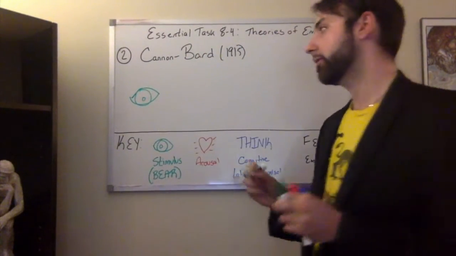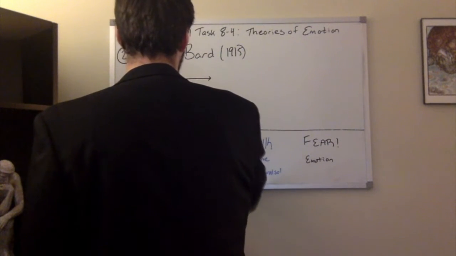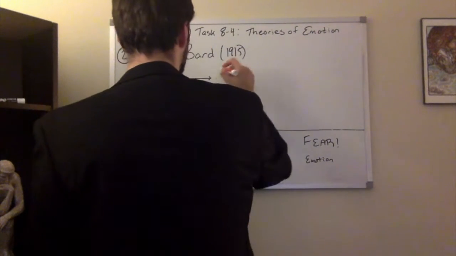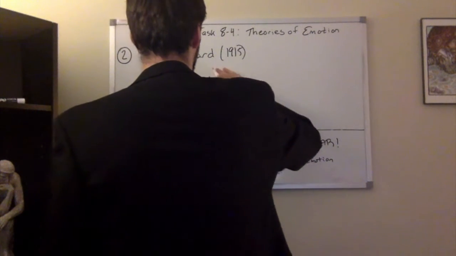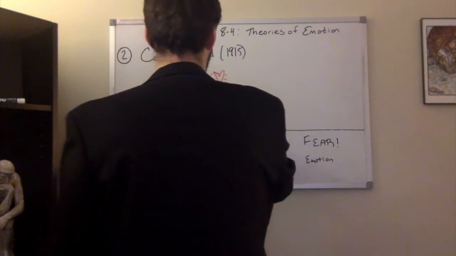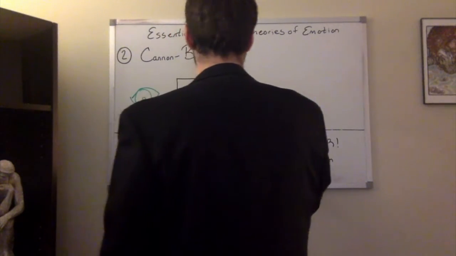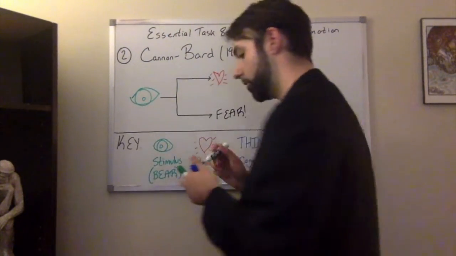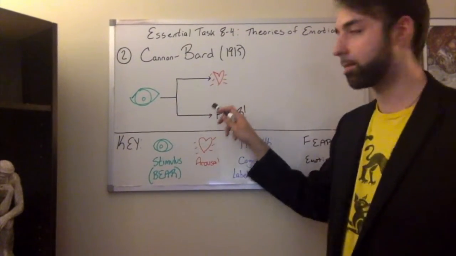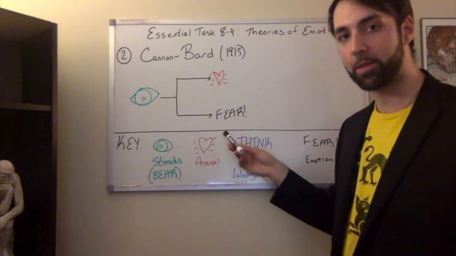The Cannon-Bard is a little bit different. With the Cannon-Bard theory, you notice how I have sort of a different indicator here. I have 2 arrows that are pointing at the same time to both physiological arousal and emotion.